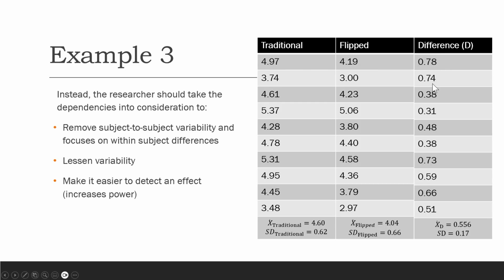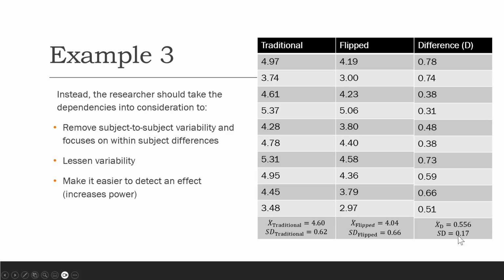And then we can do that for all of our individuals, right? We can get a mean of these difference scores and a standard deviation of these difference scores. So the mean of these difference scores is 0.556, and the sample standard deviation of these difference scores is 0.17.